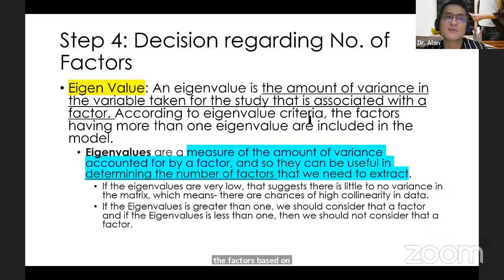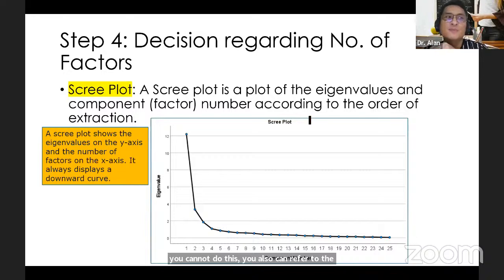Sometimes, if you cannot do this, you can also refer to the scree plot. The scree plot is the plot of the eigenvalues against the component or factor number according to the order of extraction. From this plot, you can see the y-axis, and the horizontal line, the x-axis.